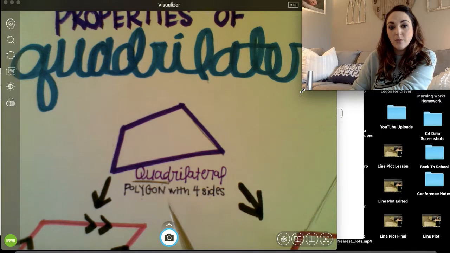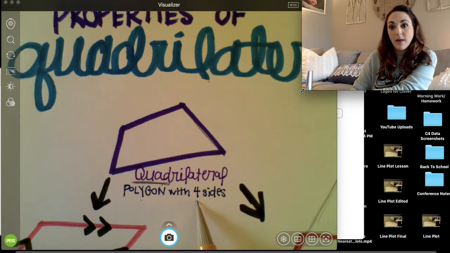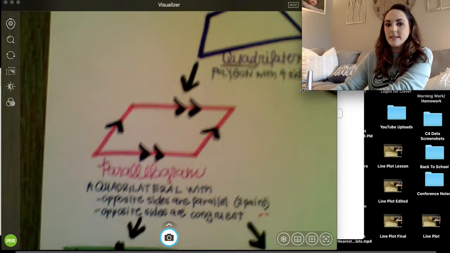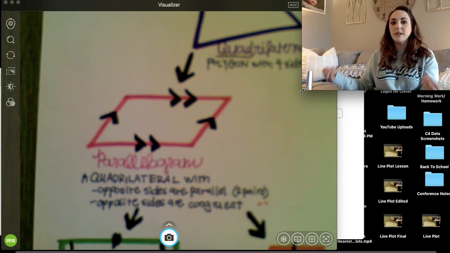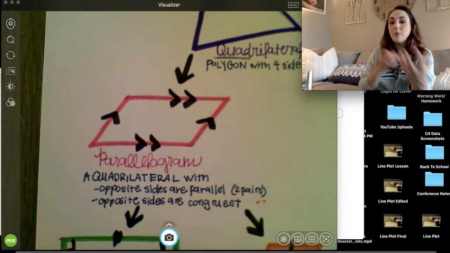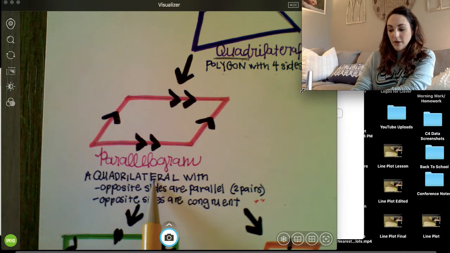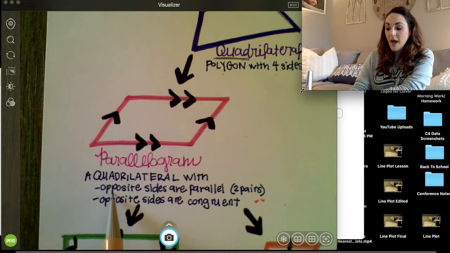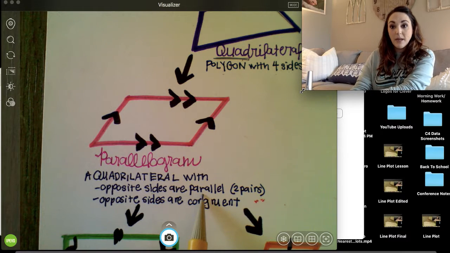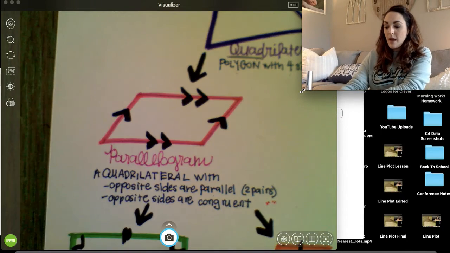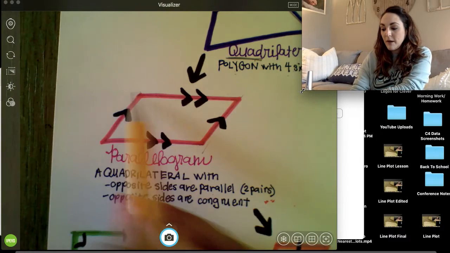Quadrilaterals, we know, four-sided shape, four-sided polygon. Let's go down this side. This is the side that gets a little bit interesting because there's a lot of shapes that come from a quadrilateral. A parallelogram is also a quadrilateral, four sides, but opposite sides are parallel, parallel meaning they never ever cross. There are two pairs of parallel sides.